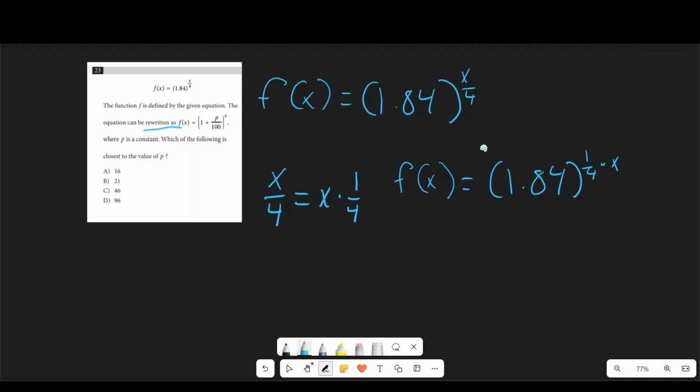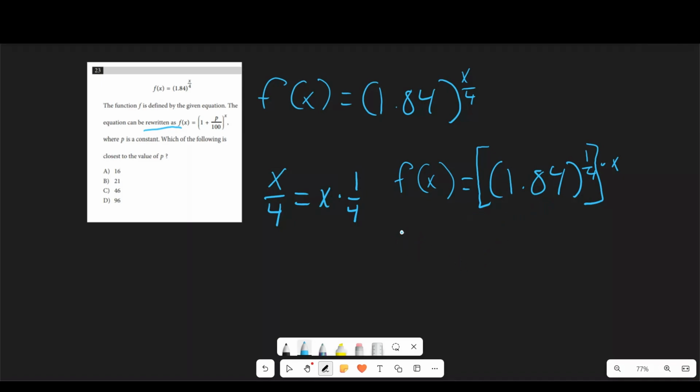So now we can kind of cordon off this term and evaluate it, because we don't have any variables in here. We then would have some number raised to the x power. So luckily for you, you can use your calculator to evaluate this. You can just put in your calculator 1.84 to the 1/4 power, or you can put 1.84 raised to 0.25, whichever works for you.